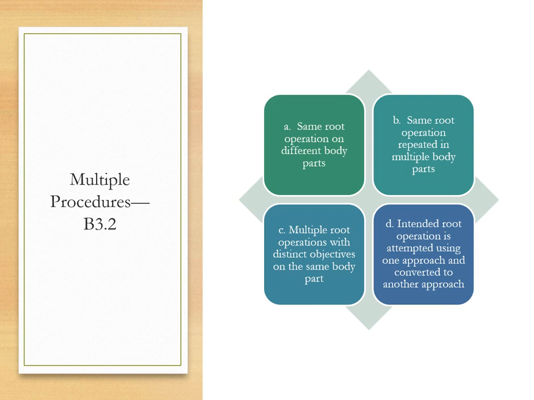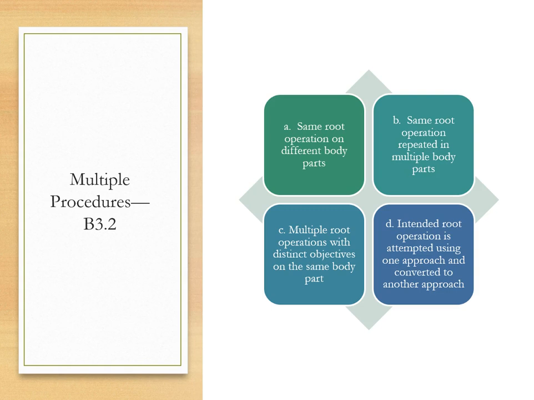Next up, guideline B3.2C. Multiple root operations with distinct objectives performed on the same body part. Multiple meaning more than one root operations with distinct objectives on the same body part.